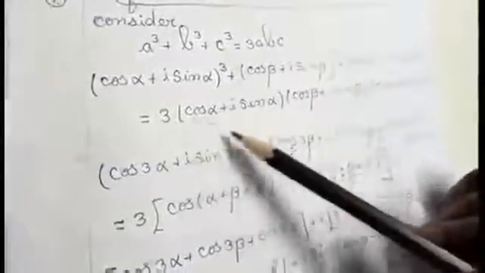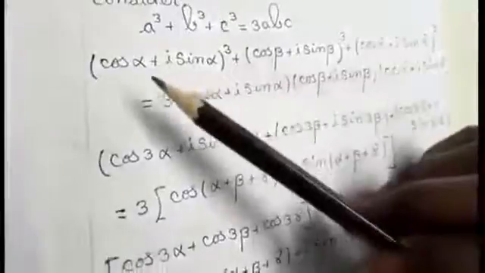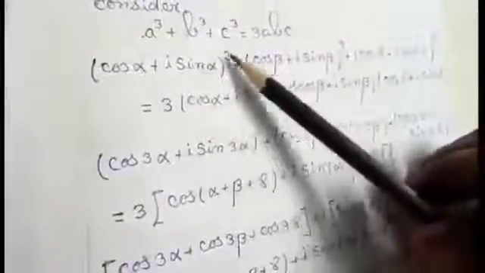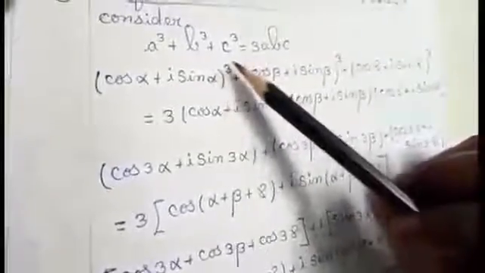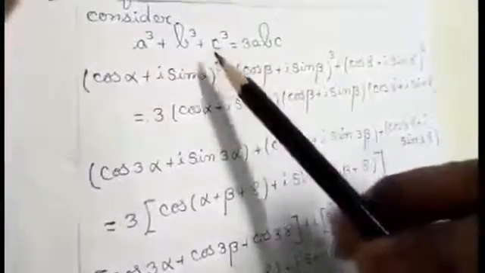3 into cos alpha plus i sin alpha into the beta values and gamma values. First you are going to take this one, cos alpha plus i sin alpha whole to the power 3. According to De Moivre's theorem, the power can be written inside the angle, that is, it can be multiplied.